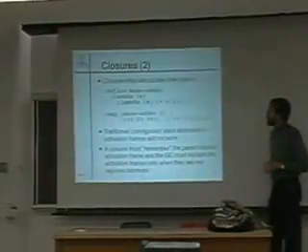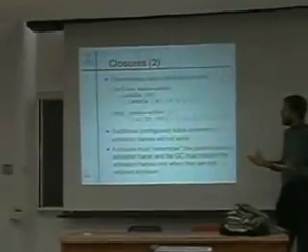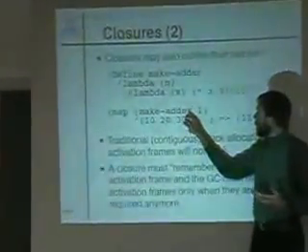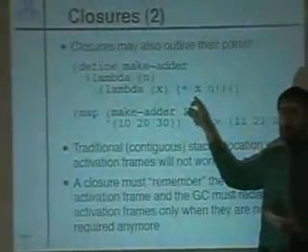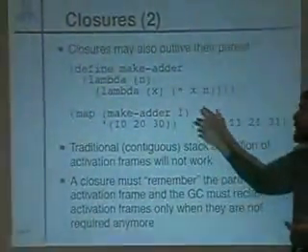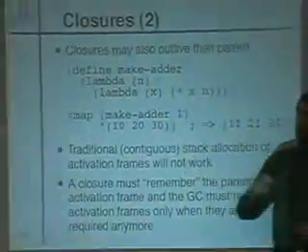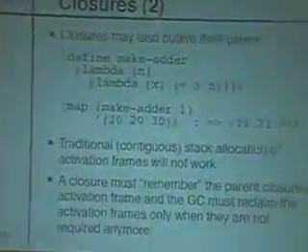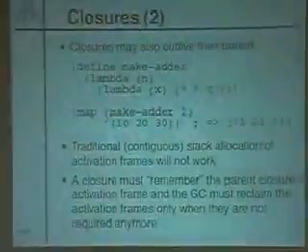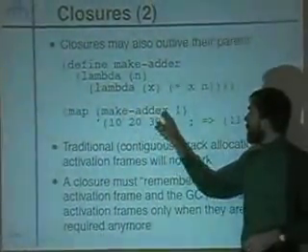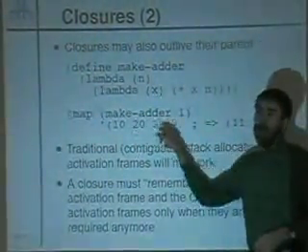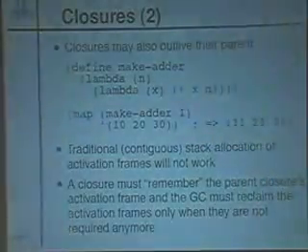Okay? So when we call makeAdder, for example right here, we get a call to this function which will return a closure. So the closure actually outlives the activation of the parent, and then we get the closure inside here, which is then passed to map, and then this ends up adding a 1 to each element of the list.